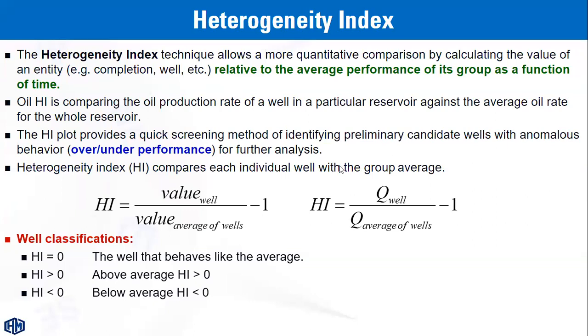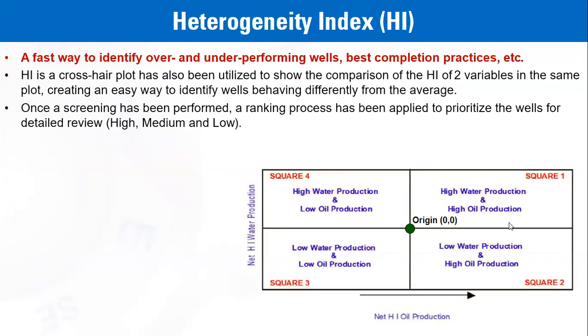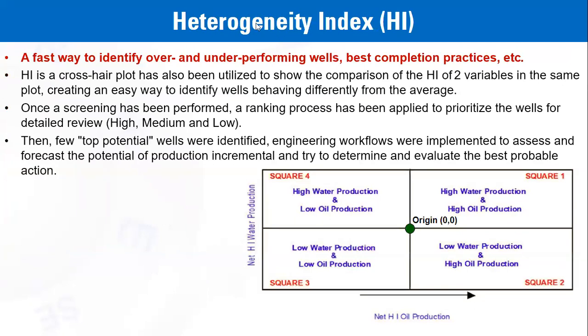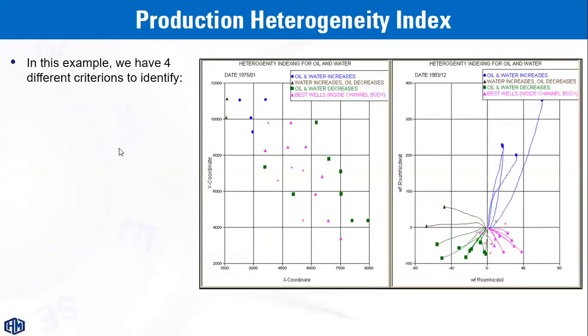So you can classify your wells based on this scatter plot. For this example, we have the production heterogeneity index of oil on the x-axis against the heterogeneity index of water on the y-axis.